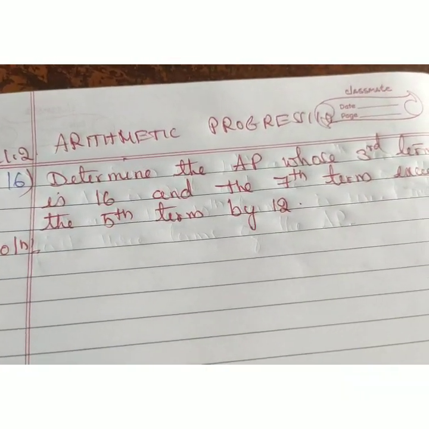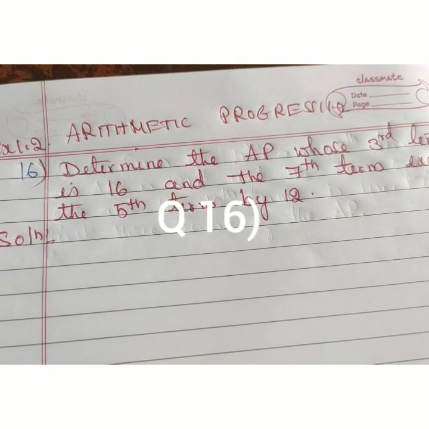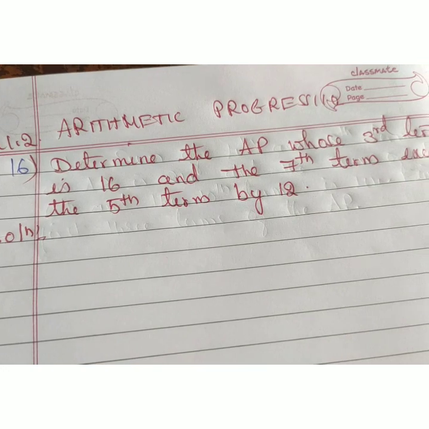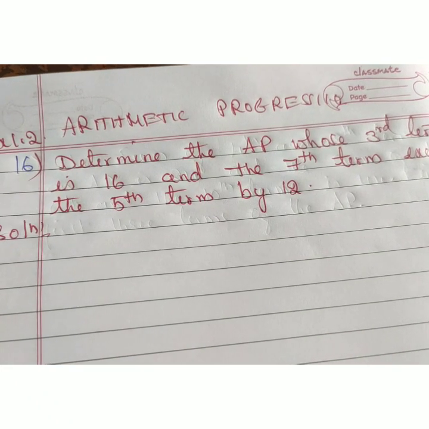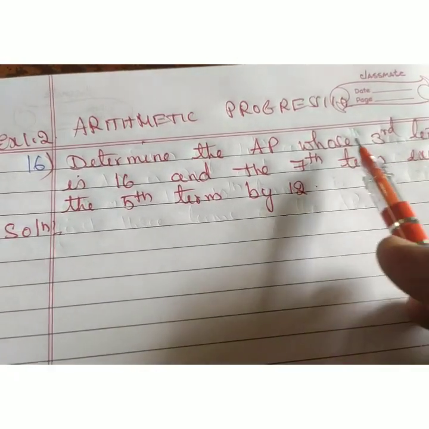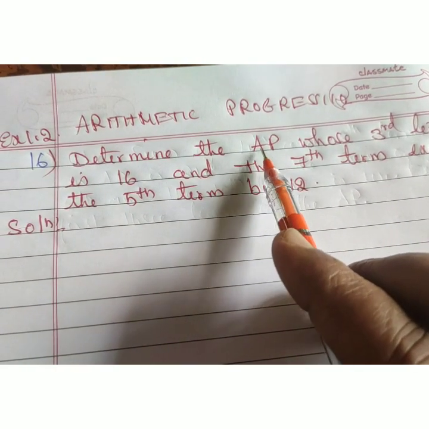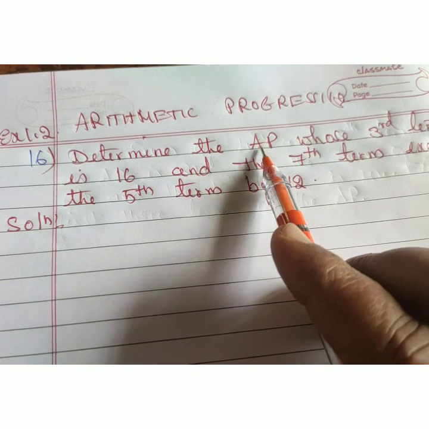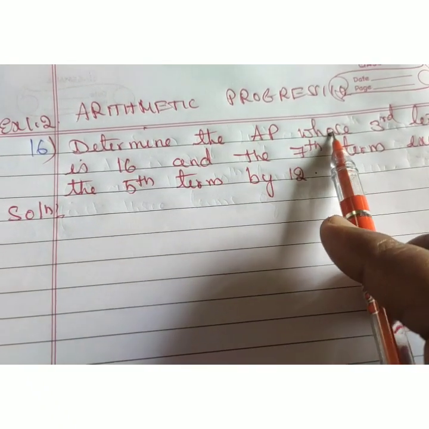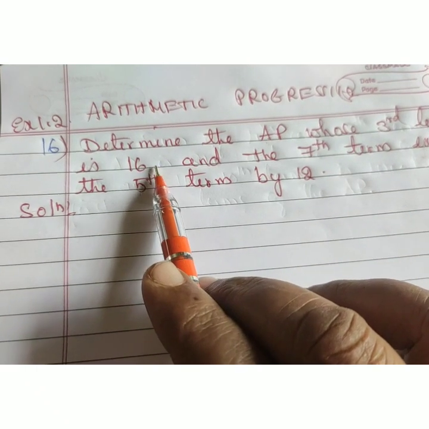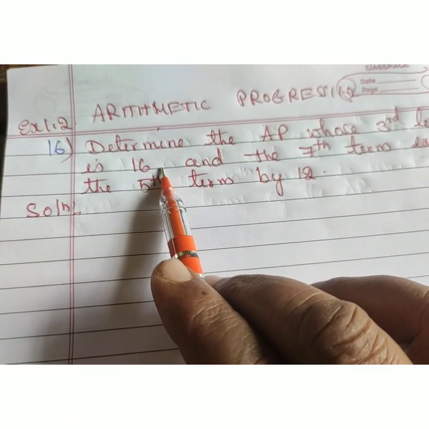So let us solve the 16th problem. The question is, determine the AP whose third term is 16 and the 7th term exceeds the 5th term by 12. To determine an AP, we need the first term A and the common difference D. The clue given is that the third term is 16, that means A plus 2D is 16.